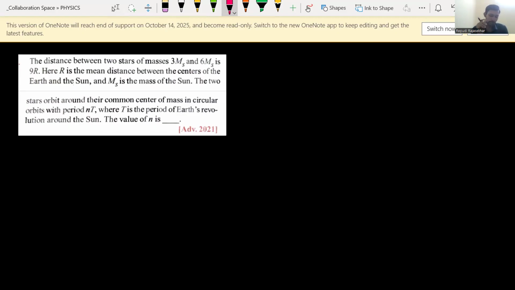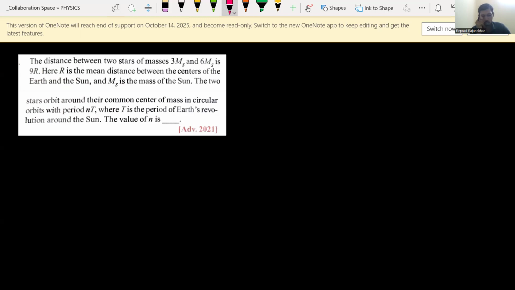Here r is the mean distance between the center of the earth and the sun, and Ms is the mass of the sun. The two stars orbit around their common center of mass in circular orbits with a period nT, where T is the time period of the earth's revolution around the sun. The value of n is.